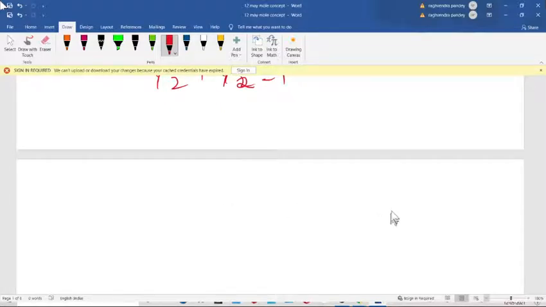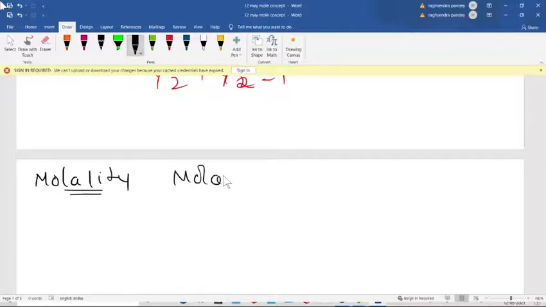Now let's take another concept, that is molality. The previous one was molarity, and this is molality.